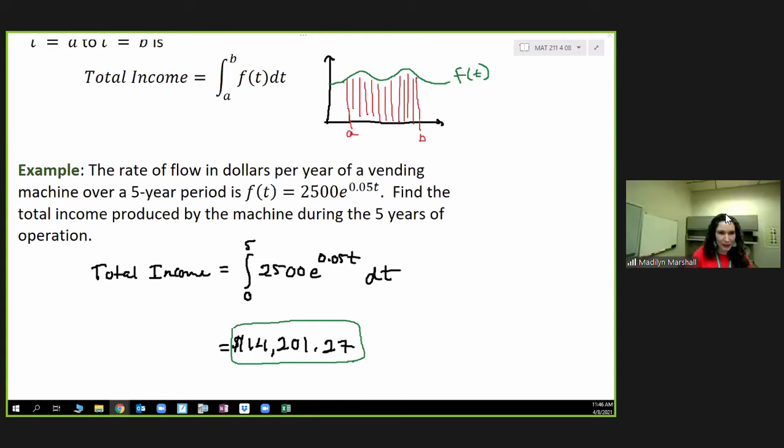So I am just going to graph this function.